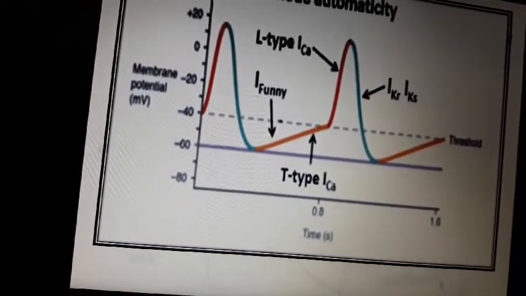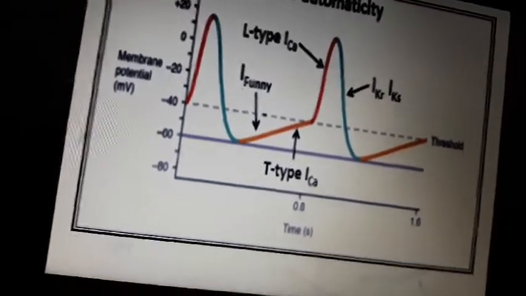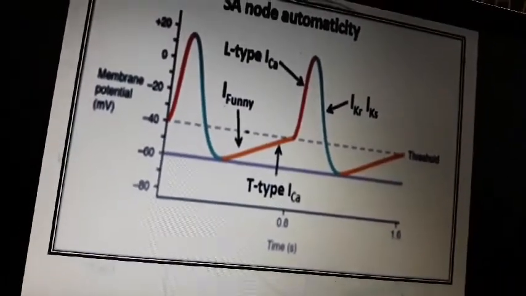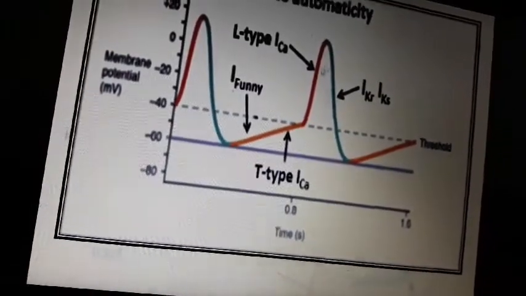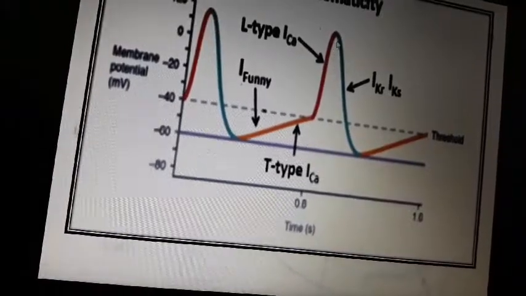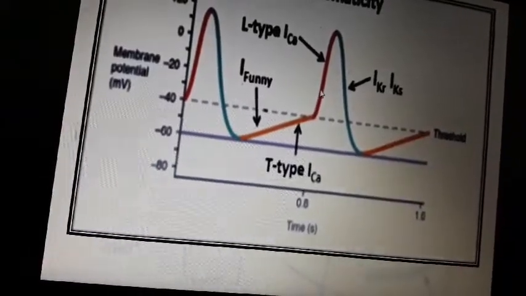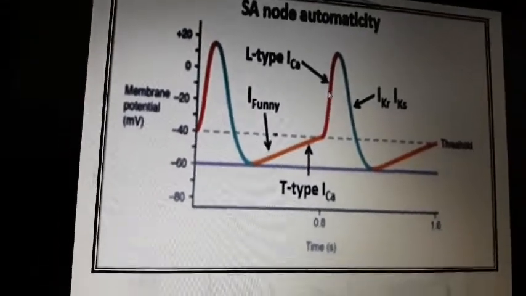Just as the threshold potential is achieved, there is opening of L type calcium channels. The opening of L type calcium channels causes more positivity, more calcium influx inside the cell, and there is a sudden spike in the action potential.